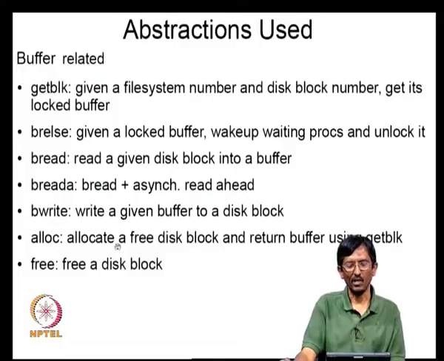And of course, if you look at allocate a free disk block, what you are doing is updating your information about which blocks are free, right? And the question for us is, do you keep this information also persistent, or do you keep it in memory?